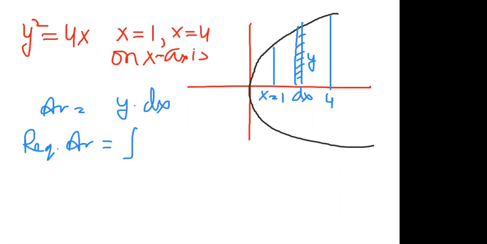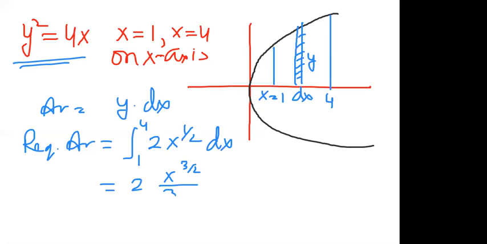Required area is integral 1 to 4, where the value of y is 2 root x, or 2 x to power 1 by 2, dx. Its integral we need to do. So it will be 2 times x to power 1 plus 1 by 2, that is 3 by 2, upon 3 by 2, from 1 to 4.